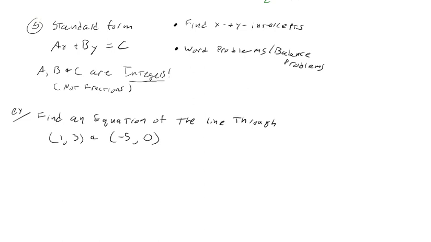So when we see that we want an equation of a line, right? When we see these words, equation of a line, there's one really key thing you need to find. You must find your slope.